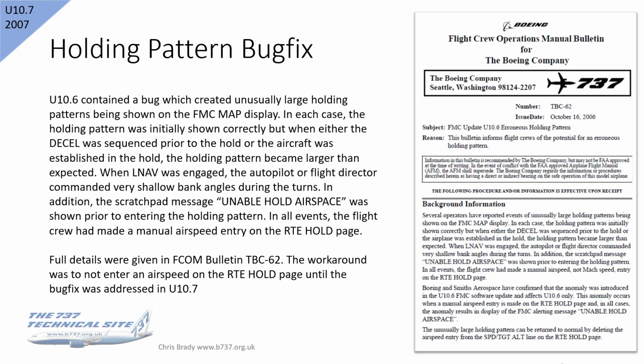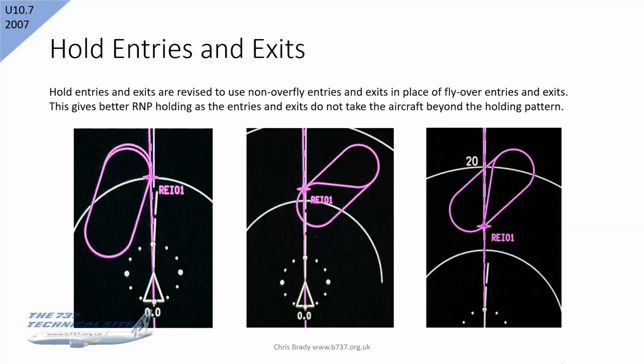The workaround for this was don't enter an airspeed in the hold page, because that's what seemed to trigger this. This was addressed, and the whole holding process was revamped and recalculated by Smiths.